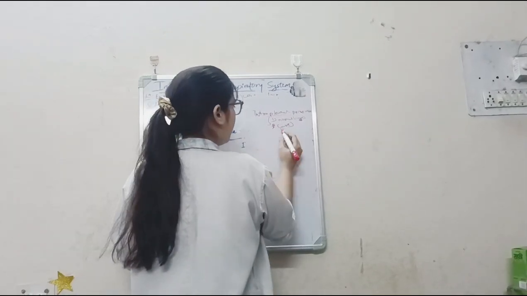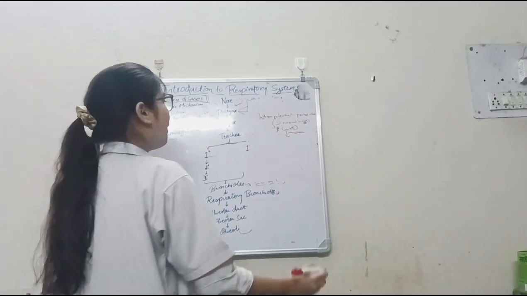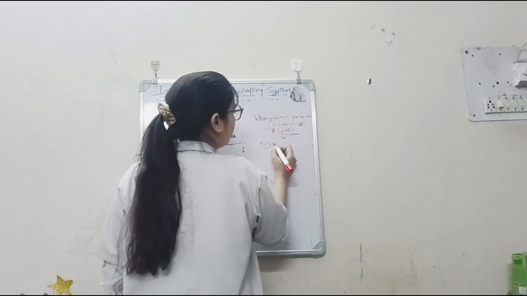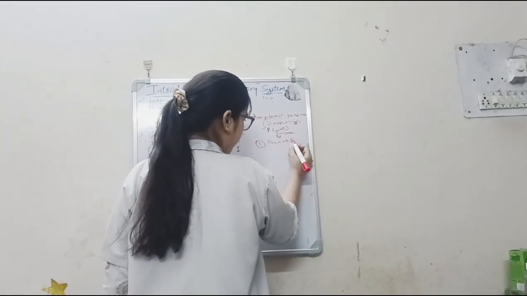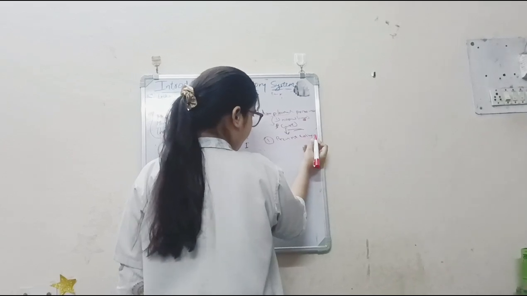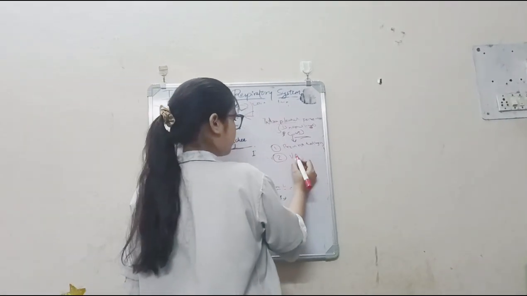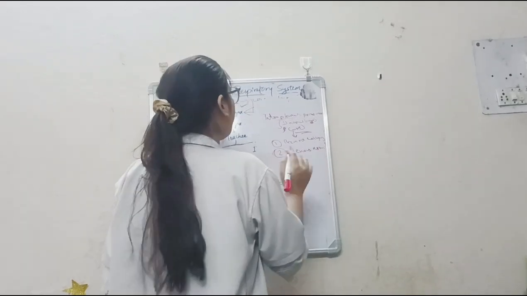Okay, then again, what is the significance of the negative intrapleural pressure? The first importance is that it prevents the collapsing of the lungs. And second is the venous return. Then intrapulmonary pressure.